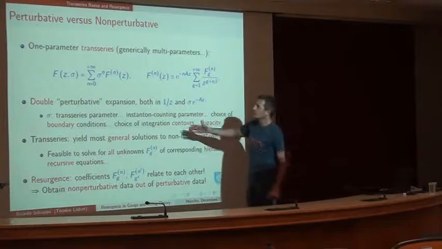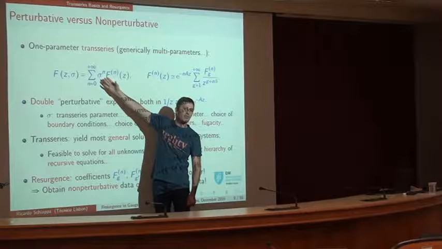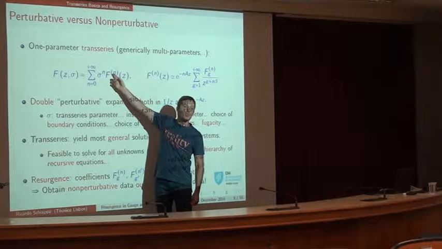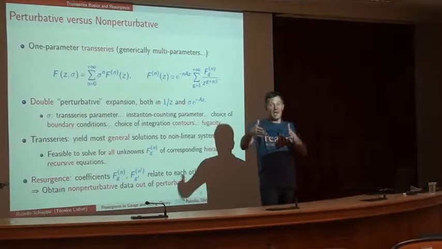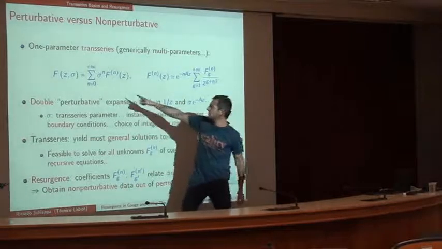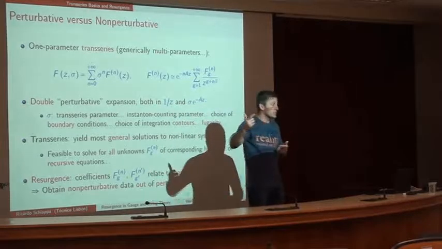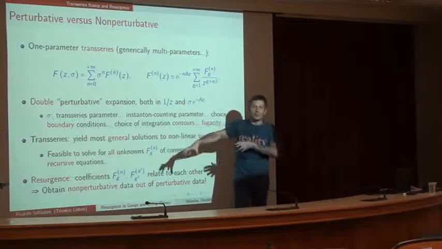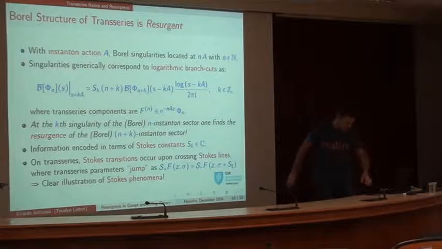So notice that if I go here to my trans-series and I just think about the first two terms, that's the perturbative series, F0, and then at order 1 I have some exponentially suppressed stuff. If I start off with sigma equals 0, all I have is the perturbative power series, but if there's a jump of the trans-series parameter by the Stokes constant, from 0 to the Stokes constant, that means that it's turning on, let's say, the first exponentially suppressed stuff, and that's just the classical Stokes phenomenon.